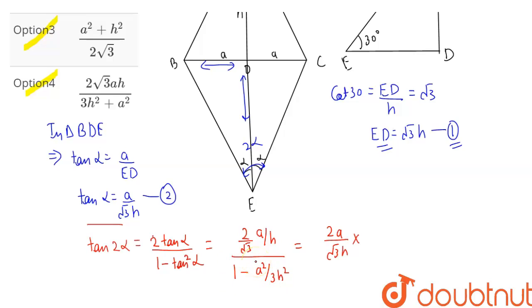Here root 3 and root 3 get cancelled out, and h also gets cancelled out. So we are left with 2 root 3 ah whole divided by 3h square minus a square. This is the value of tan 2 alpha.